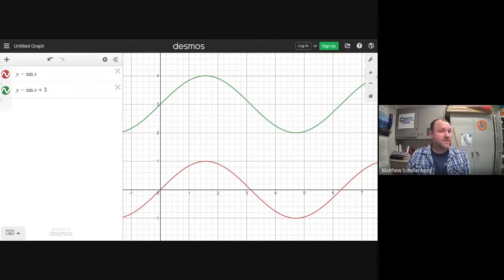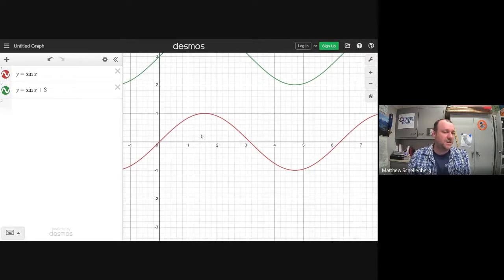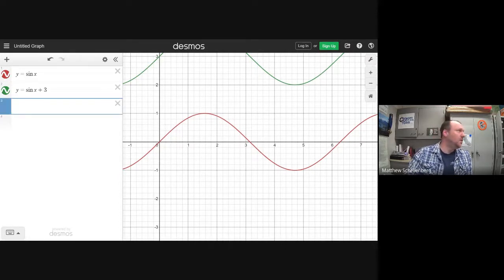What about number 2? Number 2 asks about reflecting it. How can we reflect the sine function across the x-axis? Well, how do you reflect a parabola? If the parabola is pointing up, that's y equals x squared. Pointing down will be y equals negative x squared.